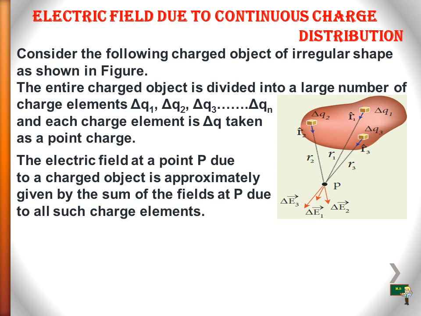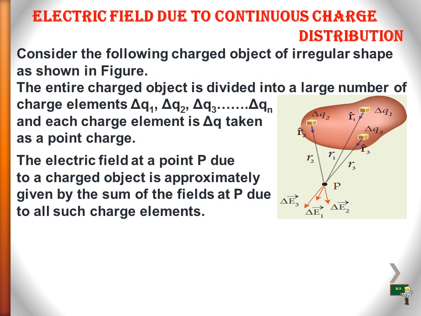The charge is distributed continuously on the charged bodies. It is very difficult to look at individual charges in these charged bodies. It's not possible for us to look at the individual Q1, Q2, Q3, Qn. So let us consider the following charged object of an irregular shape, which is shown in the figure.